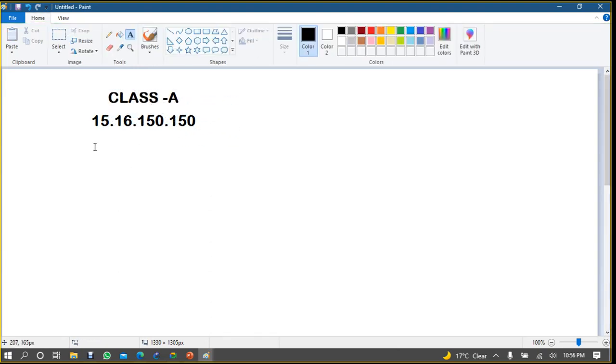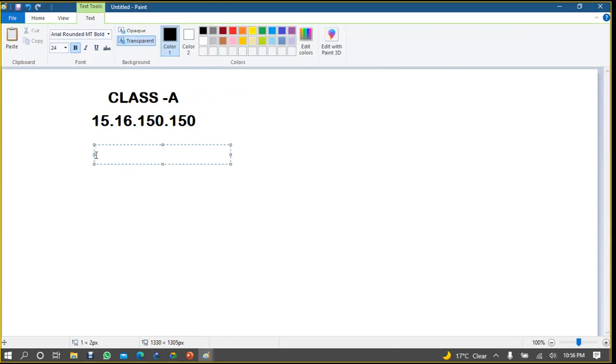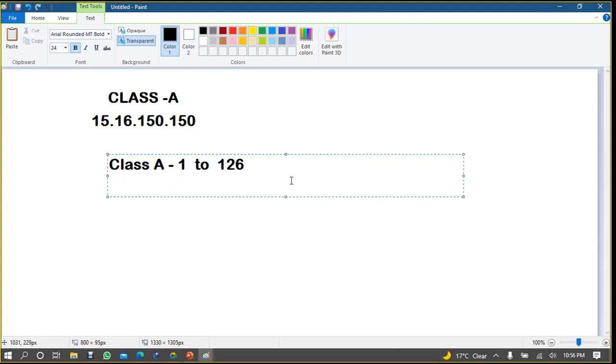Now, when we talk about any IP address, this IP address is 15.16.150.150, but what is the first IP of this network? Because this IP also belongs to a network, and we know that the class A range is 1 to 126. 15, yeah.